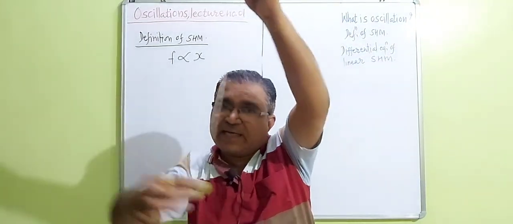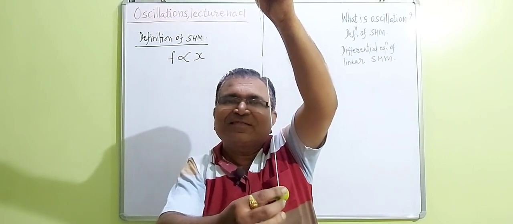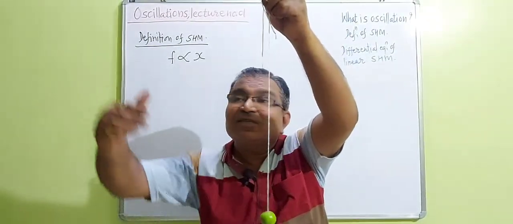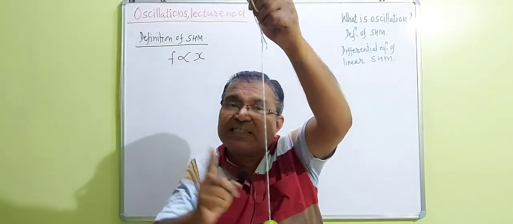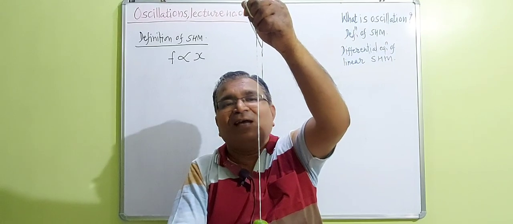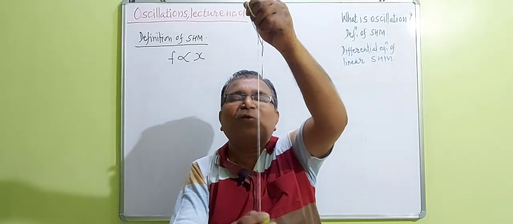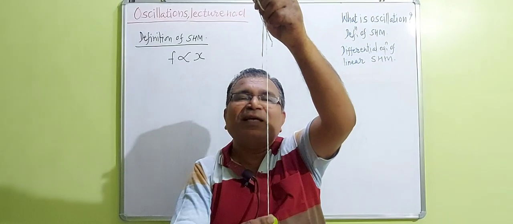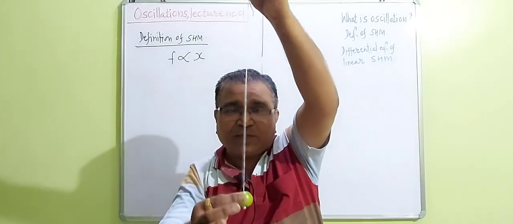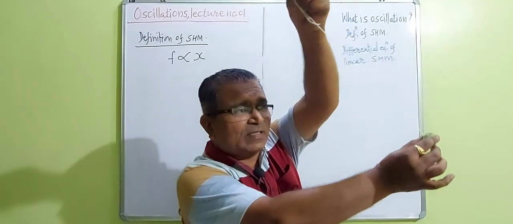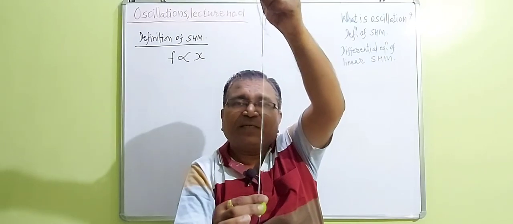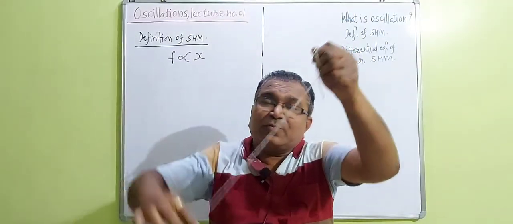Restoring force is directed towards the mean position, which tries to restore the body to its mean position. And the displacement of the body is always measured from the mean position. That means from this mean position, displacement is measured away from the mean position.